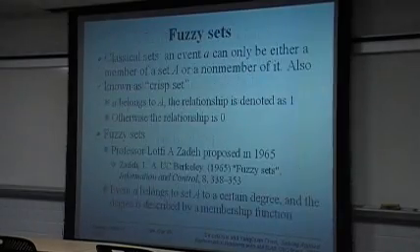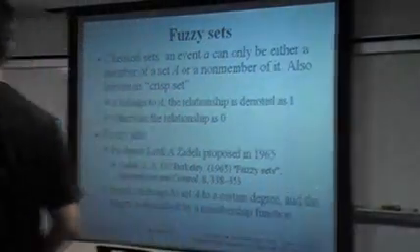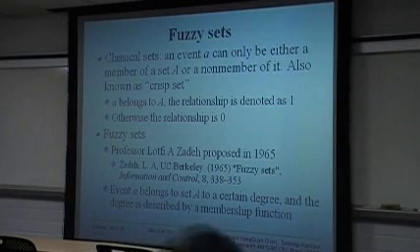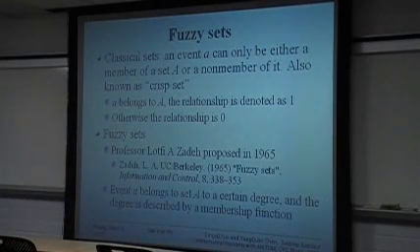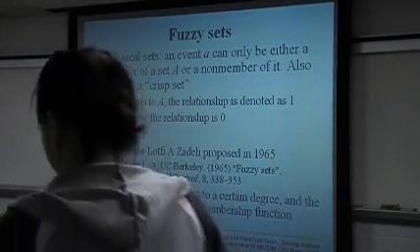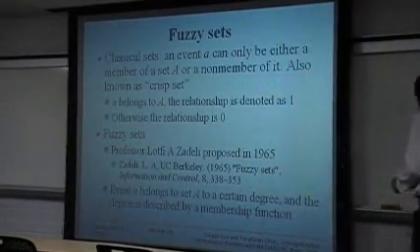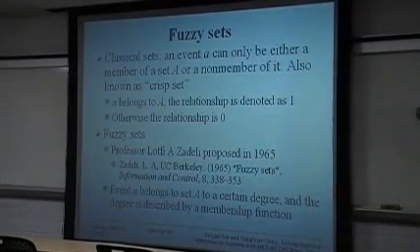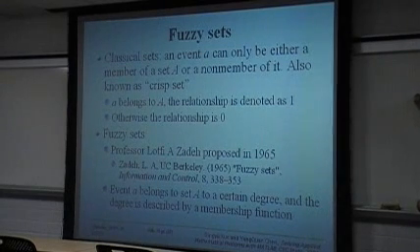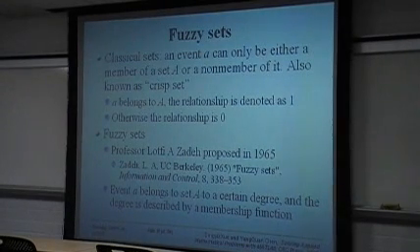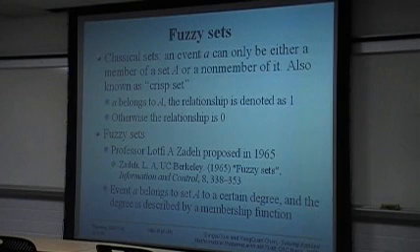So we need to introduce the idea of fuzzy set. Before we introduce the idea of fuzzy set, let's review what is a classical set. As I already reminded you, something like this. In classical sets, suppose there is a set here and there is an element here. Between the element and the set, there are only two possibilities.